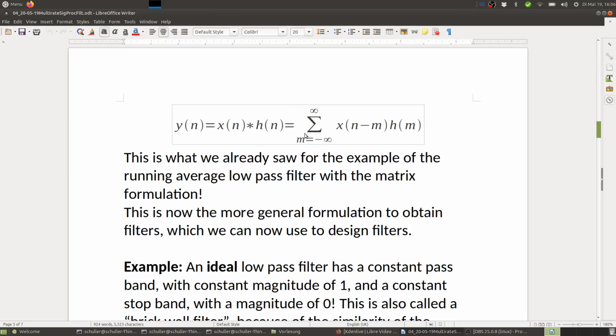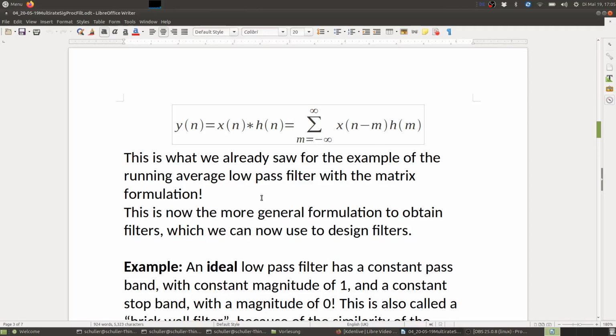So the characteristic property of this convolution sum is that the sum index m goes down in one of the two arguments, here it's the signal, and goes up in the other argument. Right, so here we have it going down and here we have it going up. And here it goes from minus infinity to plus infinity.